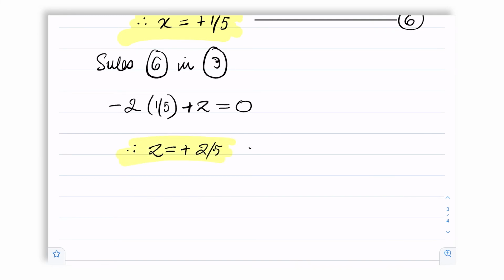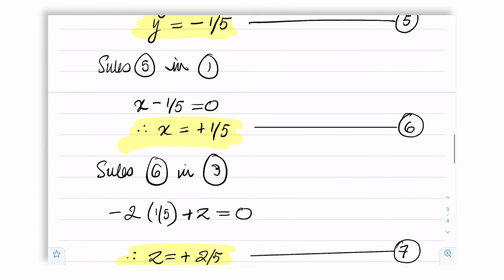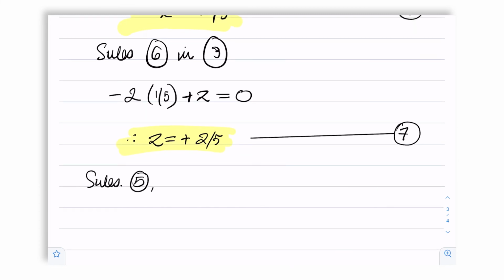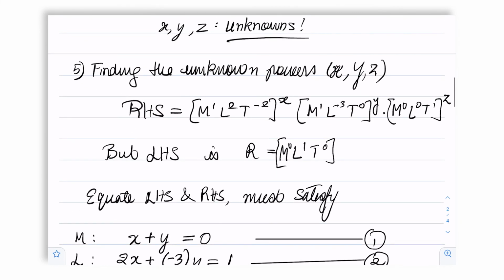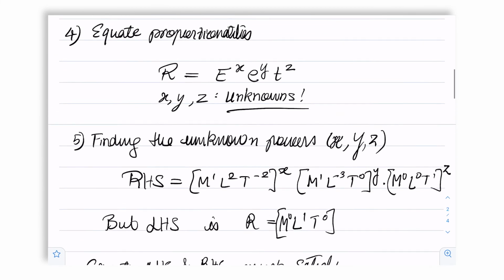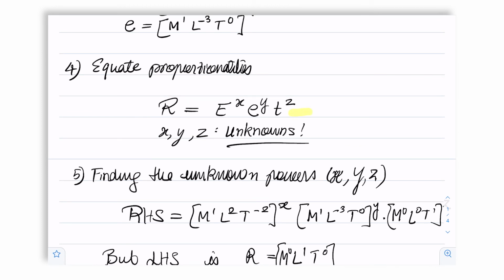Remember, these are exponents, which means substituting 5, 6, and 7 in this equation should give us now a solution.